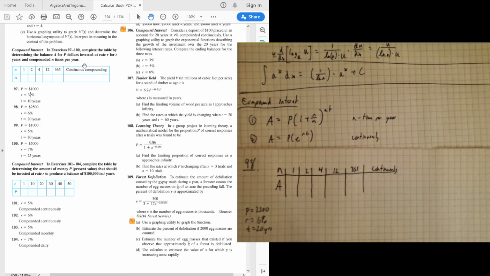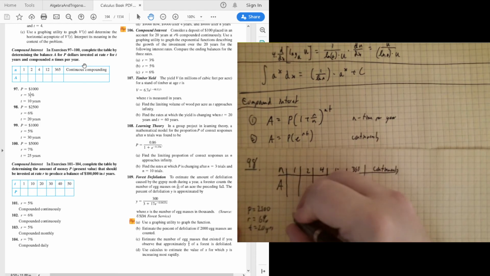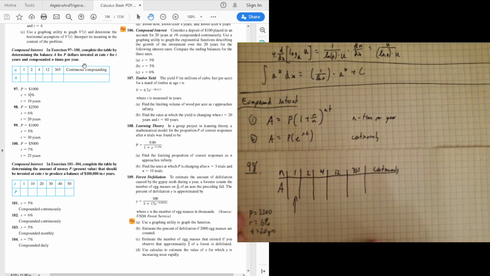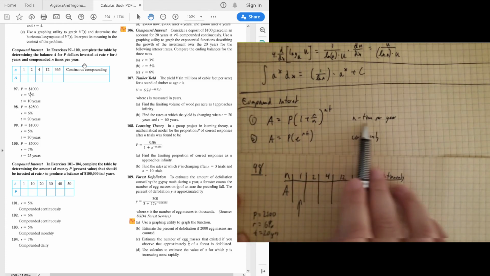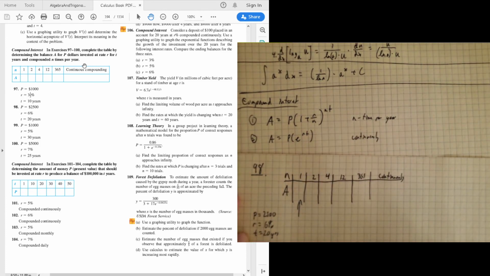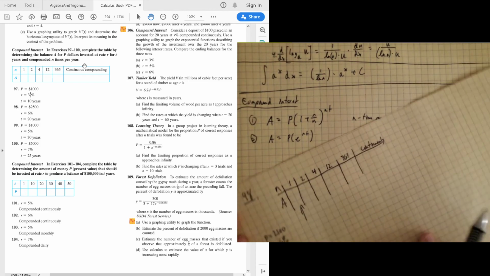Okay, well, let's talk about these formulas. So for these ones, I'm just going to list out the formula. I'm not going to get the answer for each one. So we would take P, r, and t and plug them in. But for this, we have n equals 1, 2, 4, 12, 365. That's going to all involve the top formula. And for this last one, we're just going to use the bottom formula. So let's take a look.